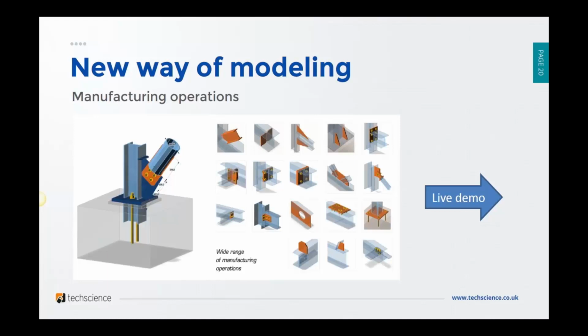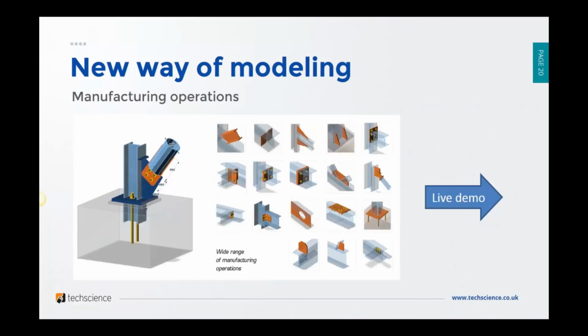So this means that if you're creating a connection by putting together different plates, haunches, ribs, widener, and then you have to cut them, you have to weld them, you have to bolt them together, exactly as is done in a manufacturing workflow.